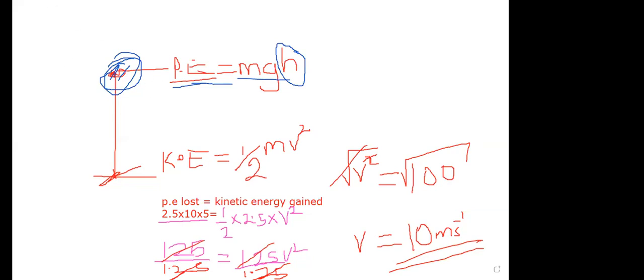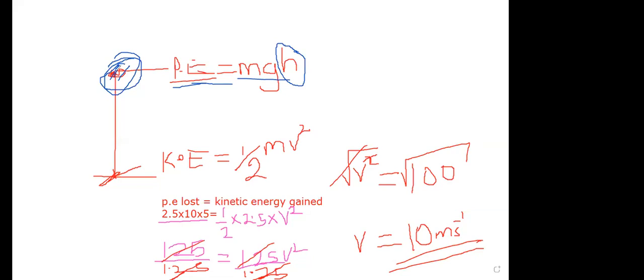Now, you asked how we got potential energy equal to kinetic. I'm taking you back to what we discussed first. We discussed that the principle of conservation of energy says that energy can neither be created nor destroyed, but only changes from one form to another.